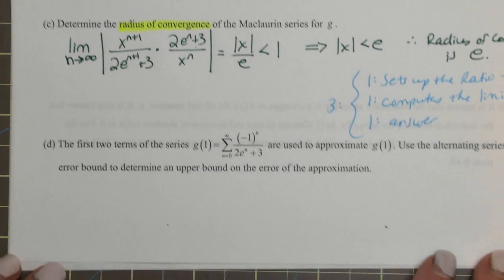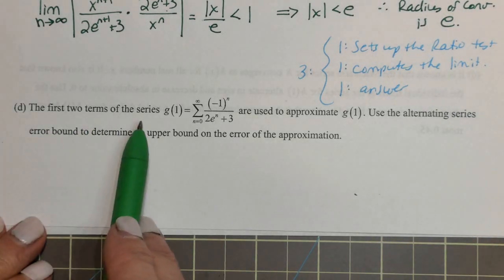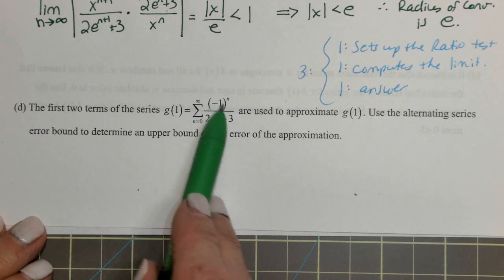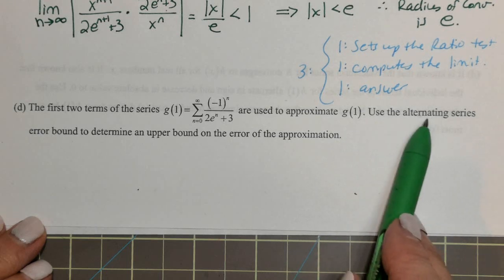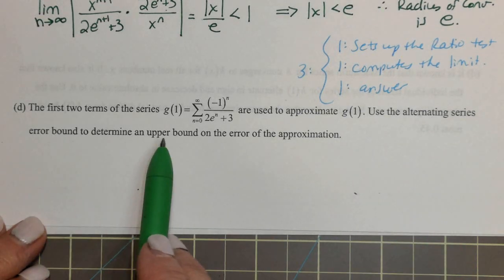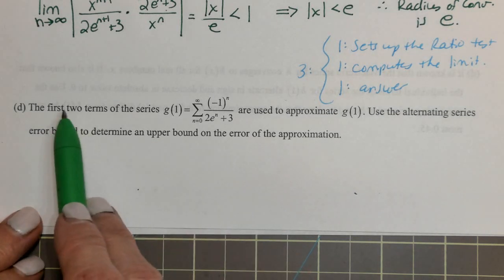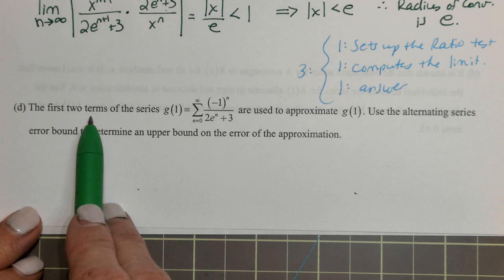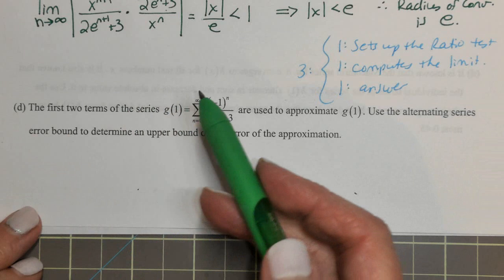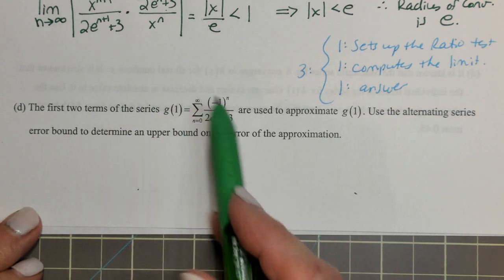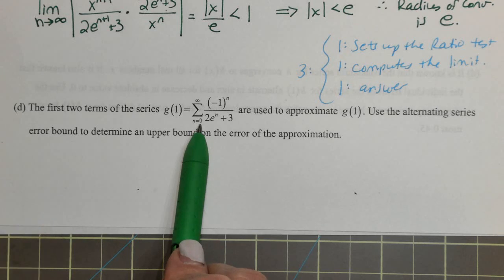Okay. Part D. Use the first two terms of this series to approximate g of 1. Use the alternating series error bound to determine an upper bound for the error of the approximation. Well, the first two terms are used. Therefore, the upper bound is the third term, right? Well, n starts at 0, so n equals 0 will be the first term.